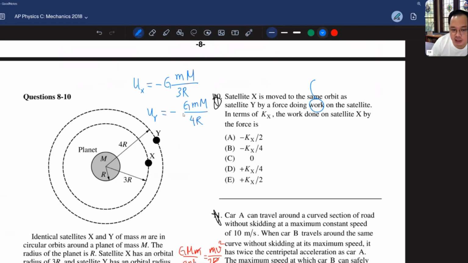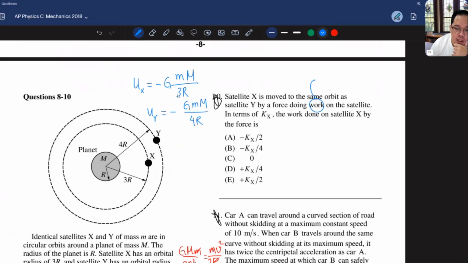So it's like more negative potential. But the point is the planet attracts the satellite, gravitational attraction, and therefore to push it away from the planet, we must do work. We must provide the energy, burning the fuel to push the satellite away.